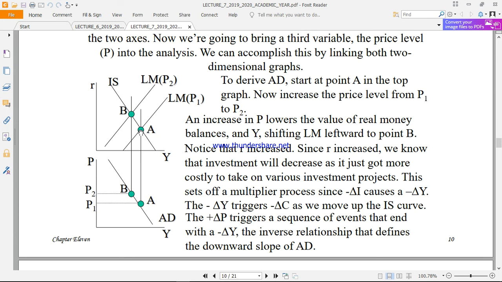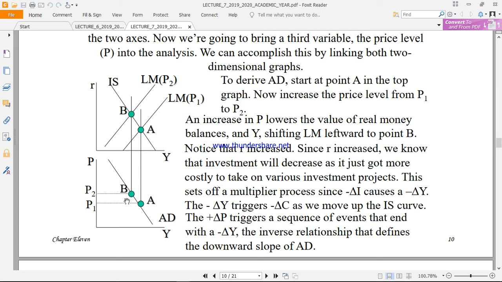And because the LM curve has shifted to the left, we expect the rate of interest, which is the cost of borrowing, to increase. Now that the cost of borrowing has increased, we then expect investment to reduce. Because initially we were able to approach a bank at a prevailing rate of interest, let's say 2%, but now it's 5%. You can't manage. So investment is going to reduce.